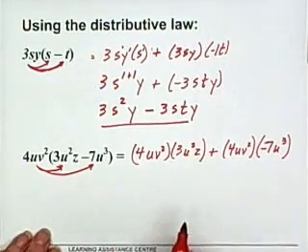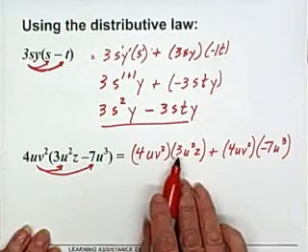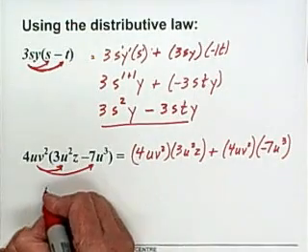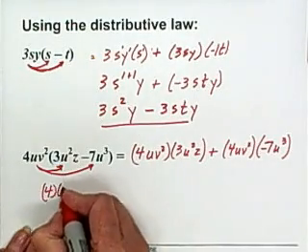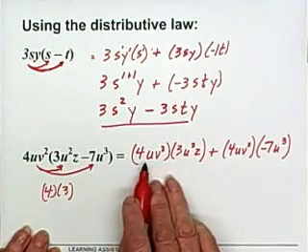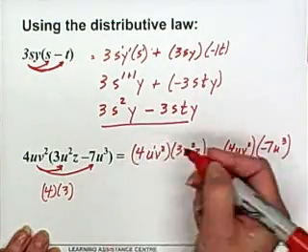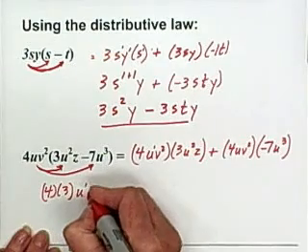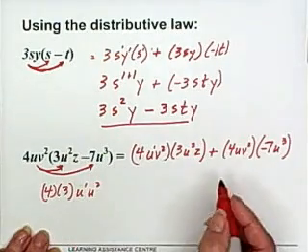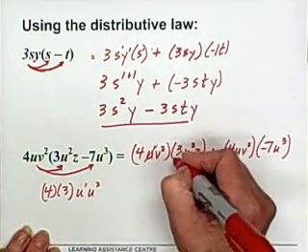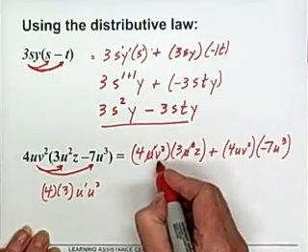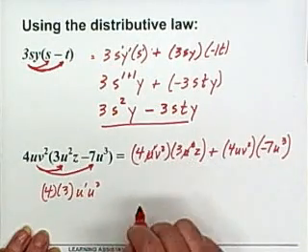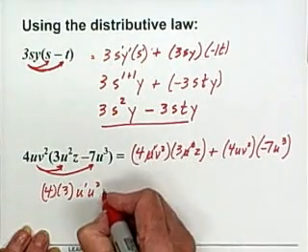Now multiplying them through, we have 4 times 3. We have u, and this is u to the 1, times u squared, so u to the 1 and u squared. And we have v squared, there's no other v squared or v here, so we'll just write down v squared.